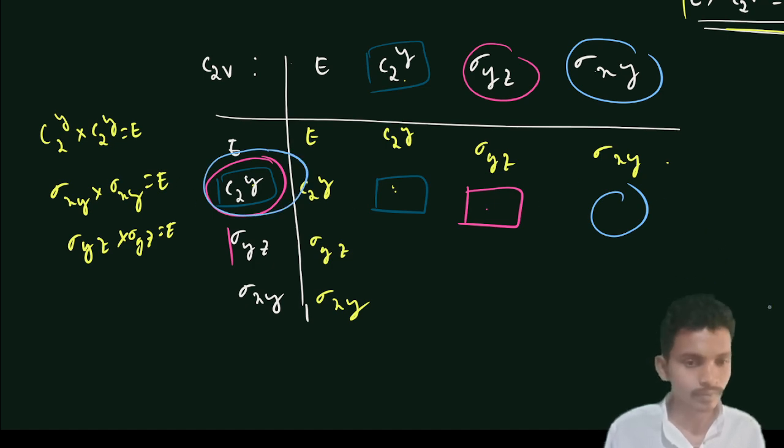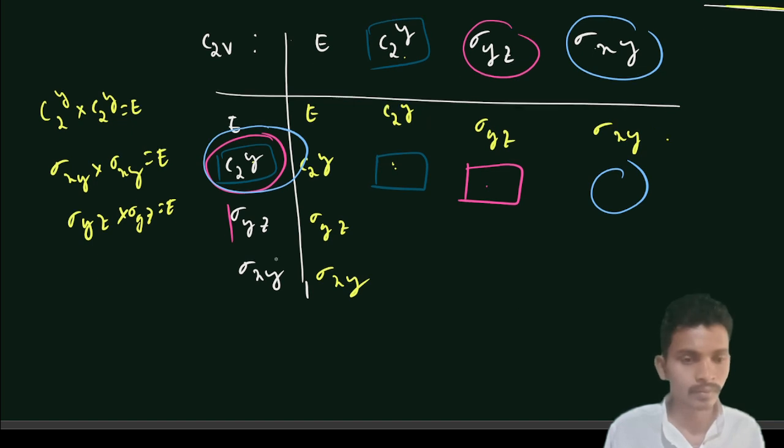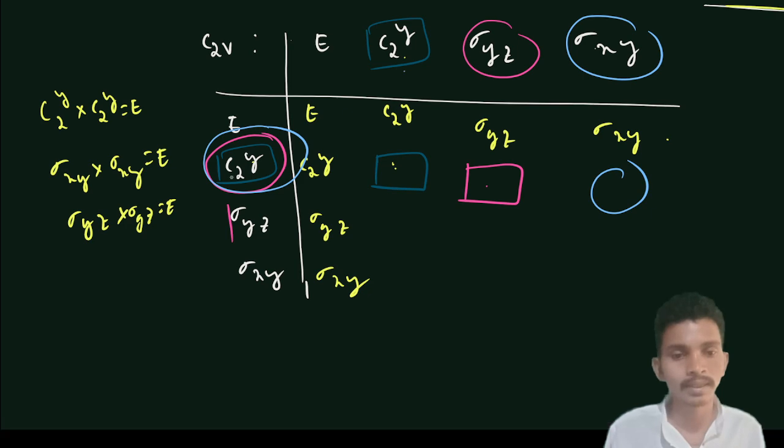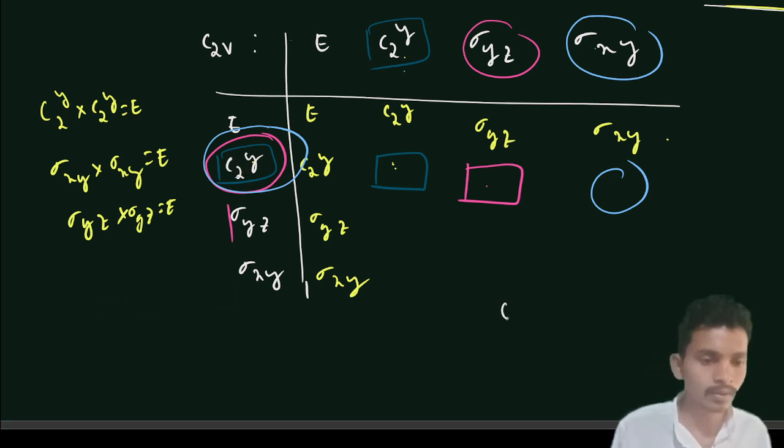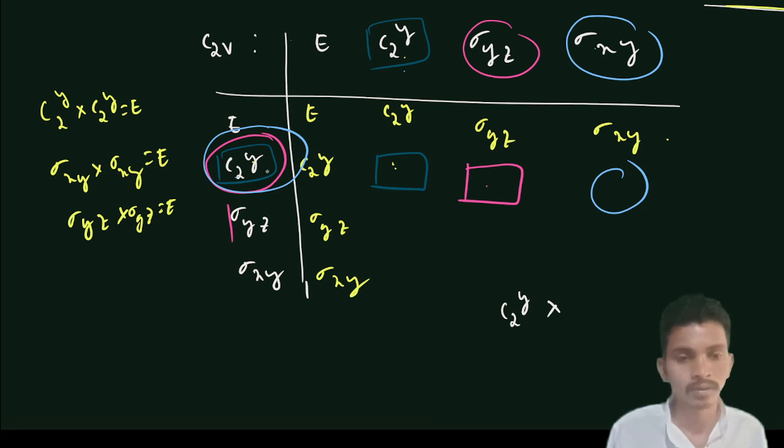So for this value we have to multiply this and this one. So let's say C2y into C2y, we will get the E value. So here E will come.